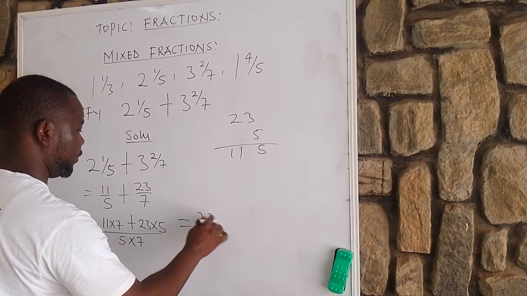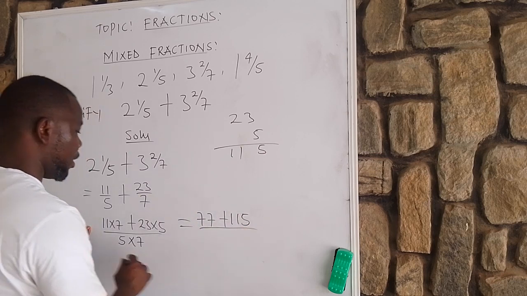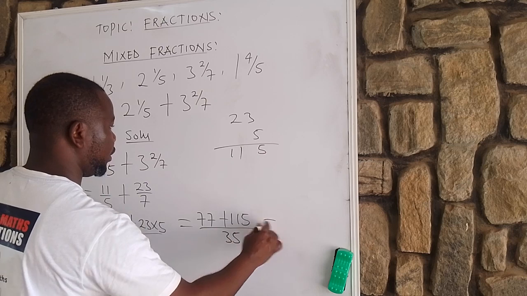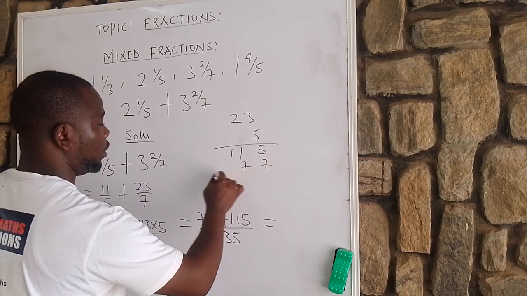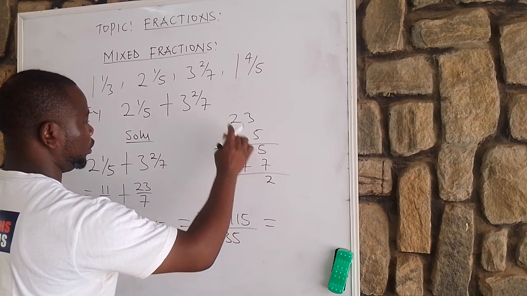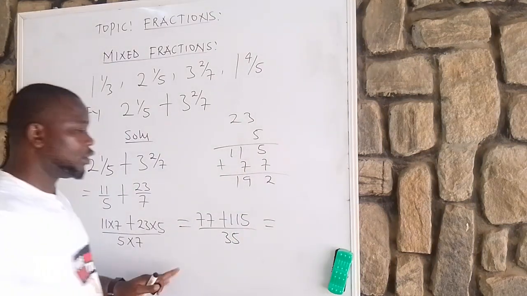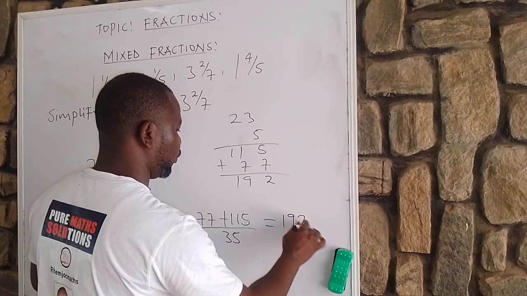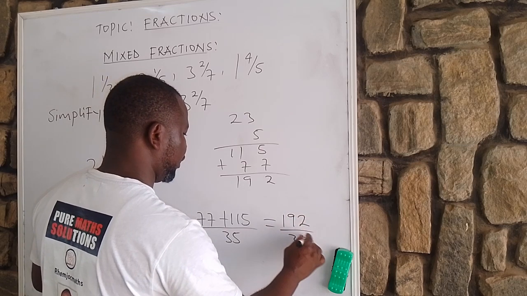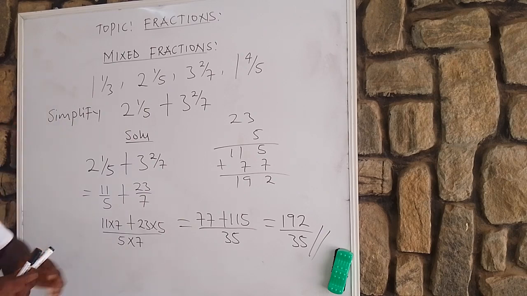So 77 plus 115 all over 35. This is equals to 77 plus 115. This one is going to give us 12, carry 1. So 2 plus 7, 9, 1, isn't it? So 192 all over 35. So this is how you are going to simplify this type of problems. Is that clear? Okay.